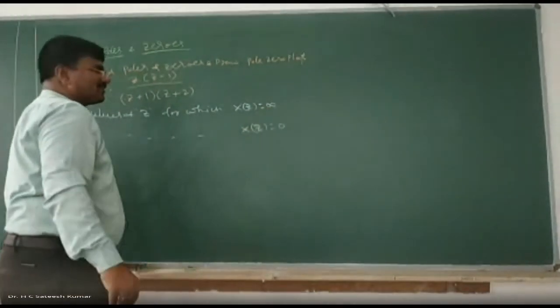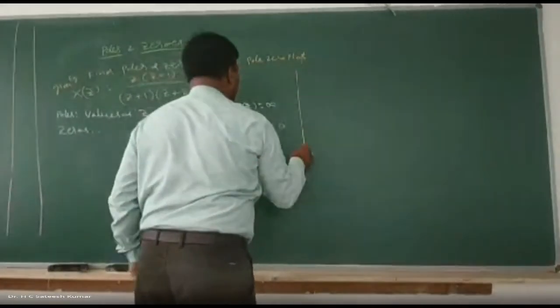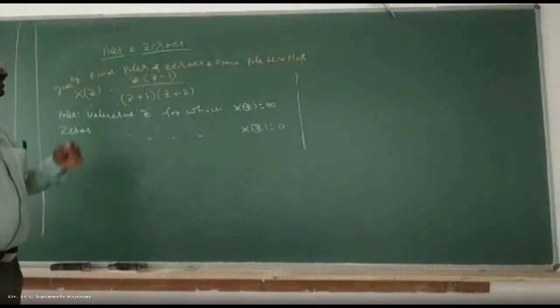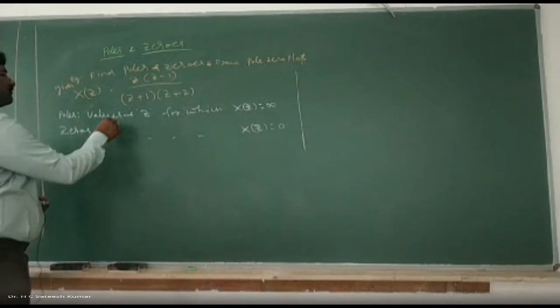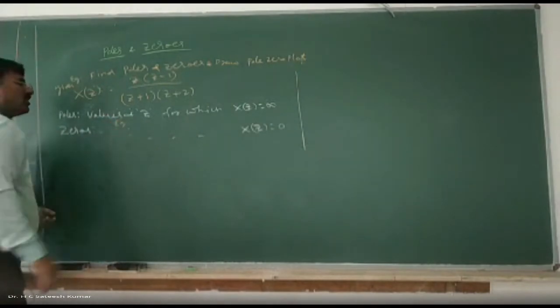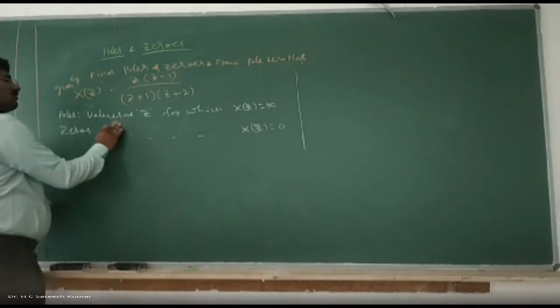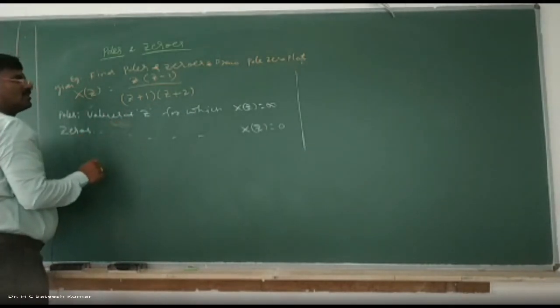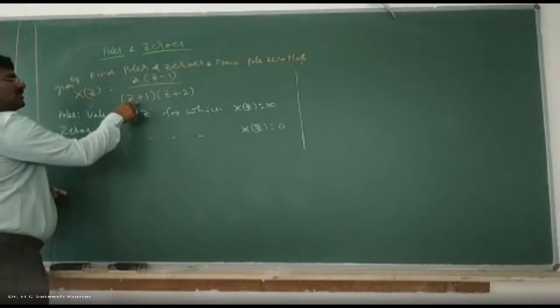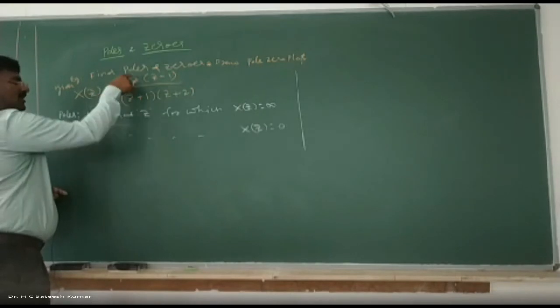What do you mean by that? For what values of z is X of z infinity? Example, poles. In this example, for what values of z is X of z infinity? If the denominator becomes 0, anything divided by 0 is infinity.